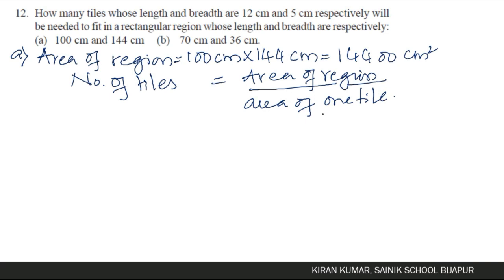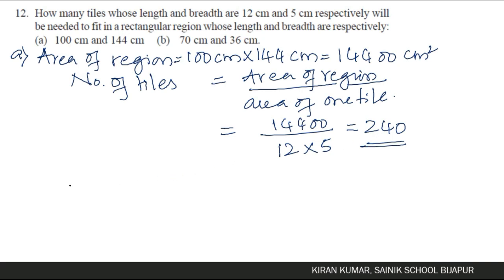We have not found the area of one tile. Area of one tile is the length into breadth, 12 into 5. So 14400 divided by 12 into 5. Simplify, you'll simply get 240. So the number of tiles required is 240.